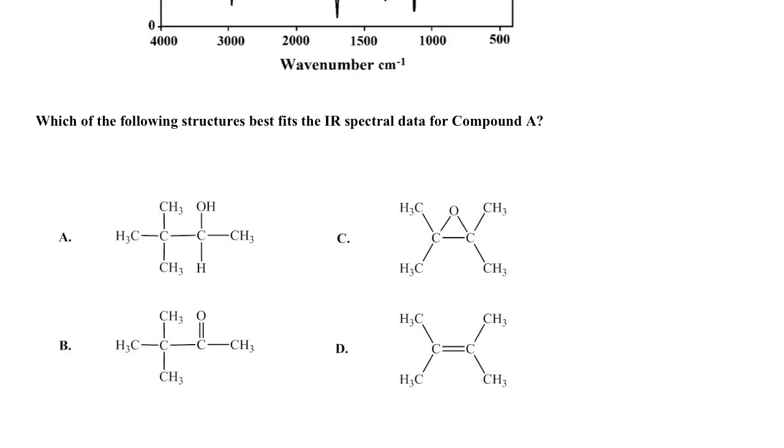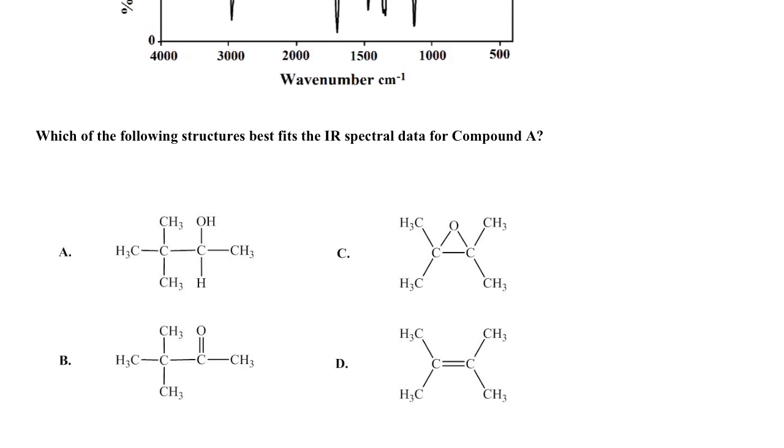I want to start going through and looking for certain functionalities. So for A, what I would focus on is the alcohol. Now why the alcohol? Because the rest of this is all just sp3 aliphatic CH stretching. Every single one of these compounds is going to have that.